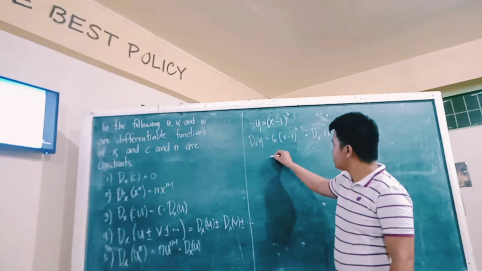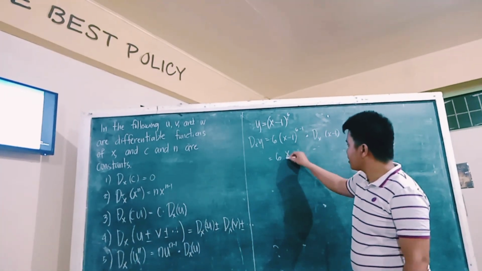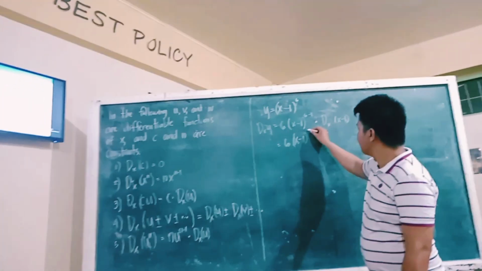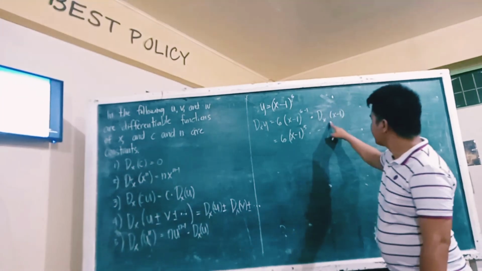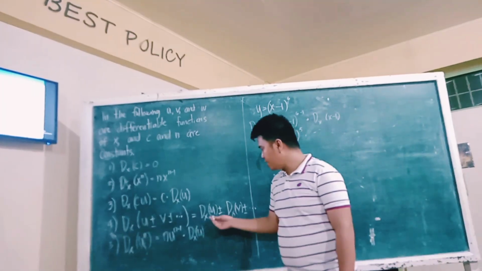So simplify. So we have 6, we have x minus 1, 6 minus 1 is 5, times, since this is a binomial, we can apply the fourth formula.